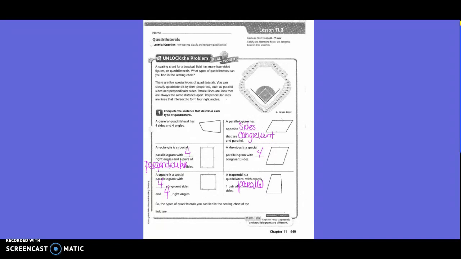So the types of quadrilaterals you can find in the seating chart of the field are, so what do we see up here? What do we see in this picture of the lower level? Do we see all 5 of those things? Yeah. Yep. So we see a parallelogram.